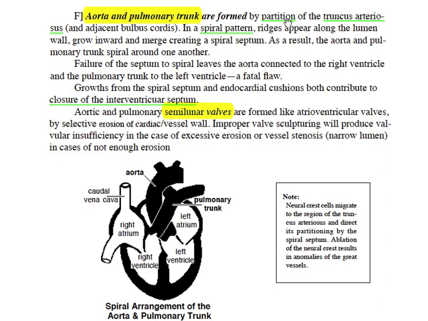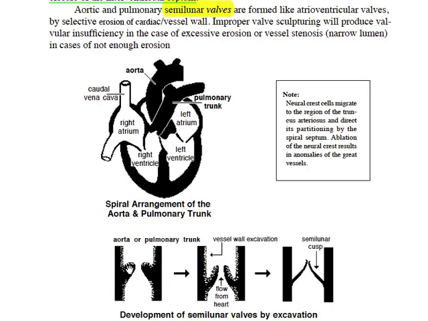The partition occurs in a spiral pattern, and as a consequence, the pulmonary trunk and aorta spiral around one another. That spiral partition also contributes to the closure of the interventricular opening with this membranous septum. The aortic and pulmonary semilunar valves are formed by selective erosion. So here we see that process.